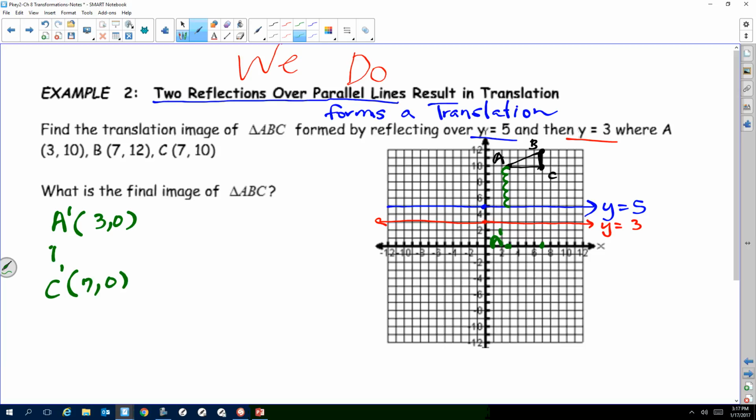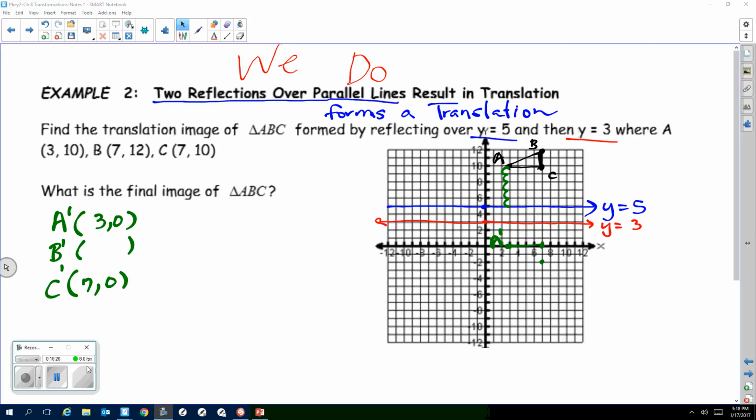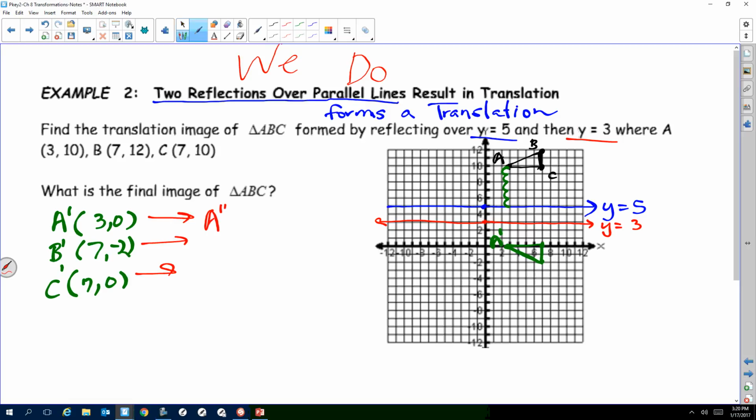And what's the B prime? (7, -2), right? Because it's the second.